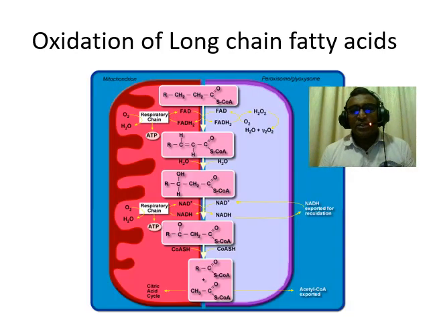Here you can see the oxidation of long chain fatty acid will involve the peroxisome, also known as the glycosome. Here only half of the peroxisome and half of the mitochondria are shown to make a comparison.